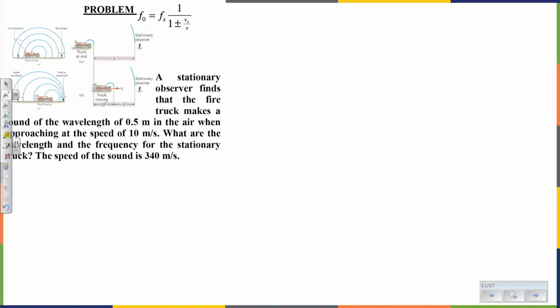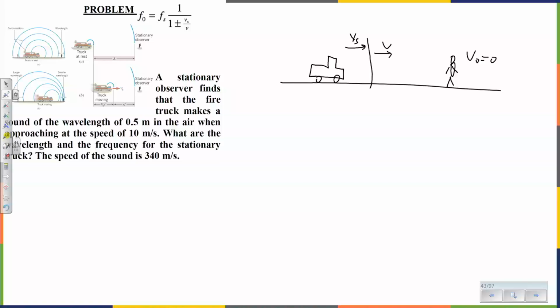So, approaching. No motion here. Moving there. Fronts travel toward the observer. That's our equation.